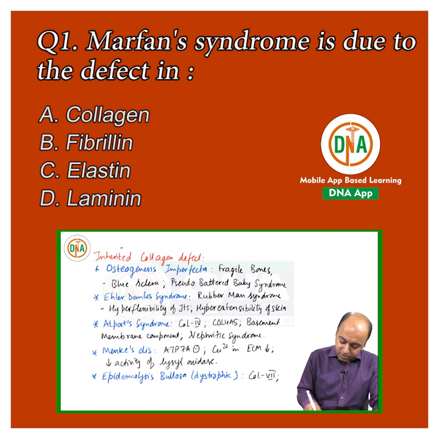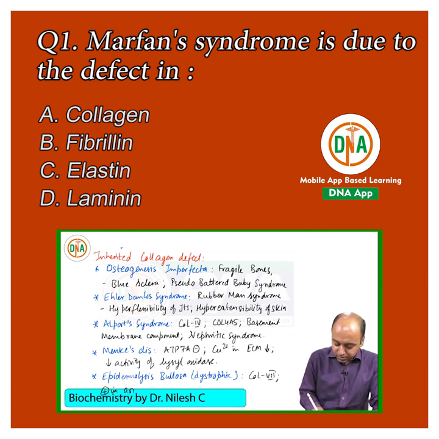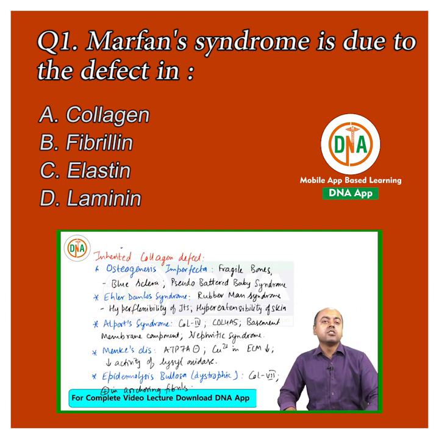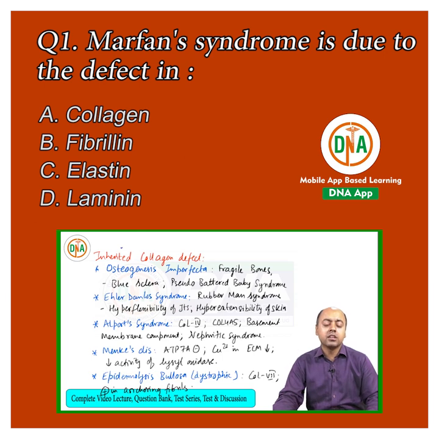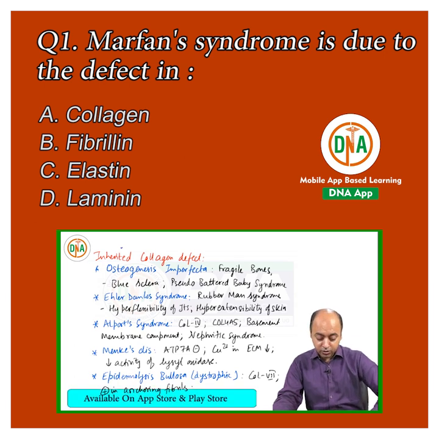Collagen type 7 is defective, which is part of anchoring fibrils in the skin, resulting in increased tendency for bullae formation. So these are some disorders where the inherited collagen defect is seen. It is not due to some other condition, but inherited collagen defect.